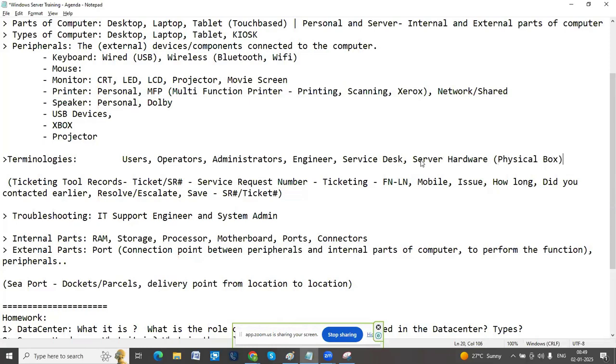Words will be used depending on our comfort, but we are using physical box for server hardware. It looks like a box. I think this much is enough for today's session. Let me know if you have any questions, any concerns. The next part will again explain the internal parts. Then we'll come back to these external parts.